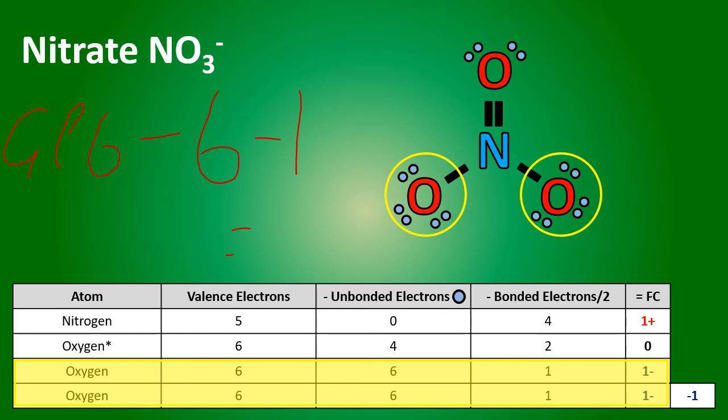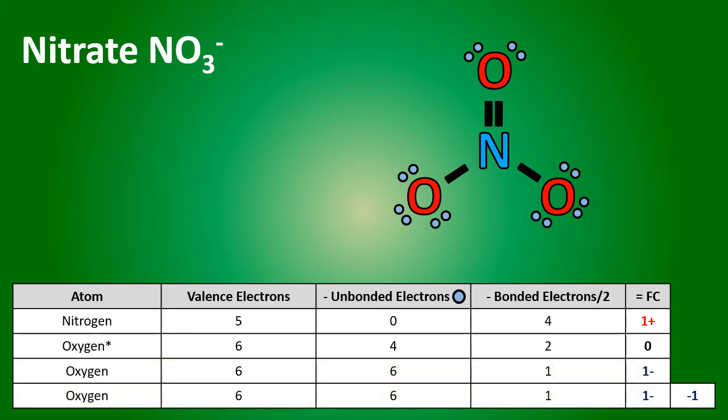So they end up with 6 minus 7, which is minus 1. So that's why these 2 are minus 1. What that means is that when we total everything up, we get 1 plus 0 is 1, plus minus 1 plus minus 1. So we end up with an overall charge of minus 1.